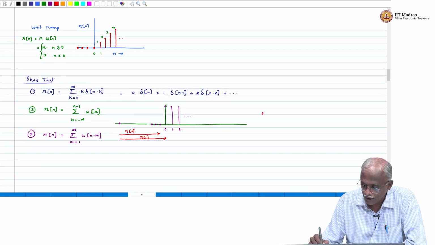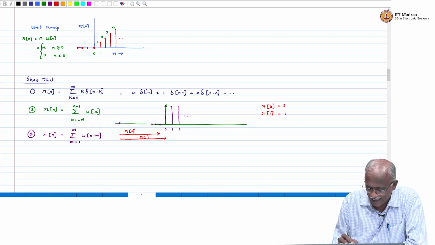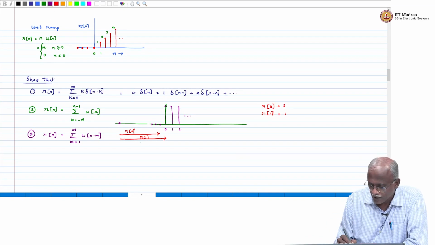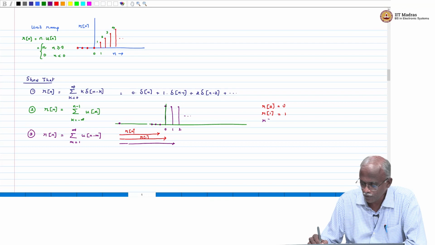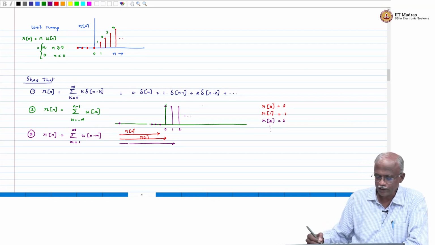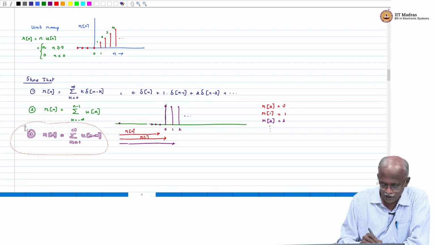For R of 0, all 0 valued samples were added, here one non-zero valued sample was added. Then R of 2 goes from minus infinity all the way up to 1, there are 2 non-zero values, therefore R of 2 equals 2, and so on. You can see that you will start to get the ramp function. So, that is the second of the representations.